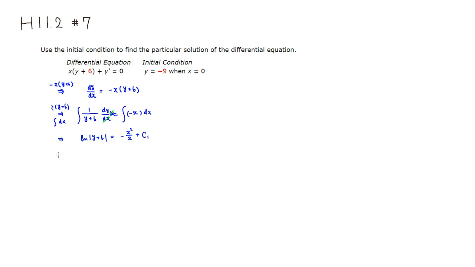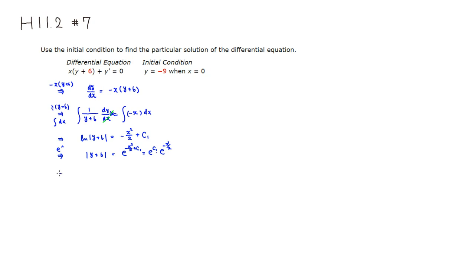Since we are looking for y, I'm going to raise e to both sides. So you get the absolute value of y plus 6, because natural log cancels out, then you have e to the negative x squared over 2 plus c1, which can be split into e to the c1 times e to the negative x squared over 2.